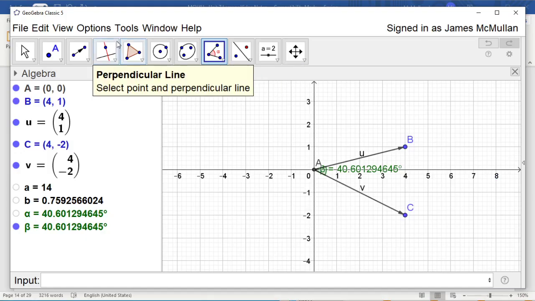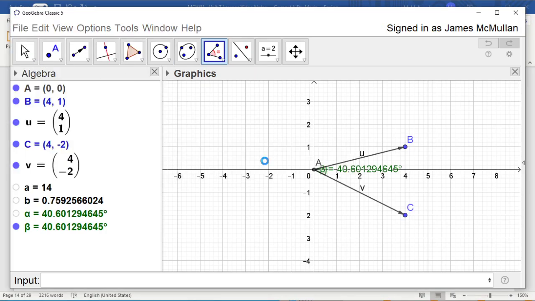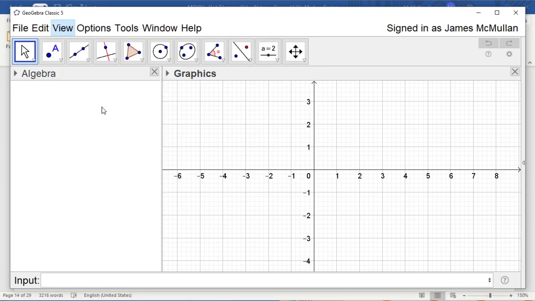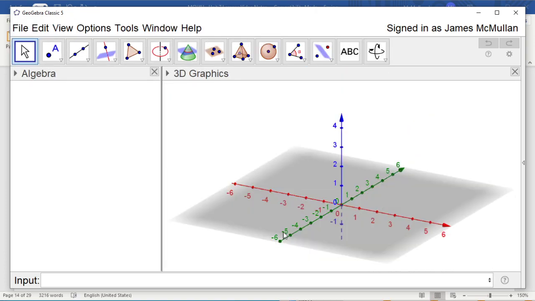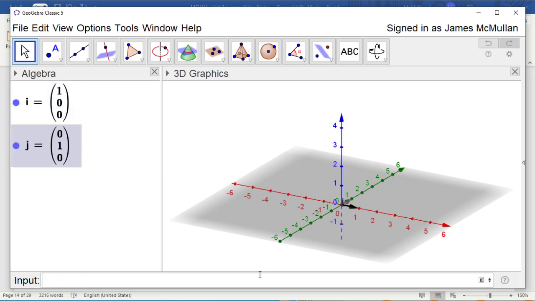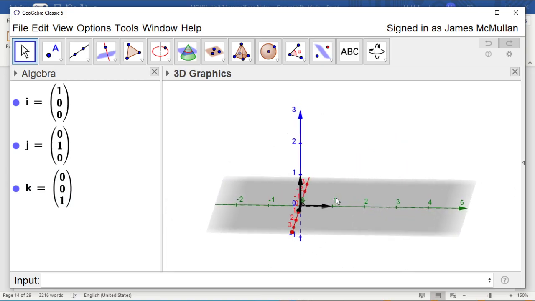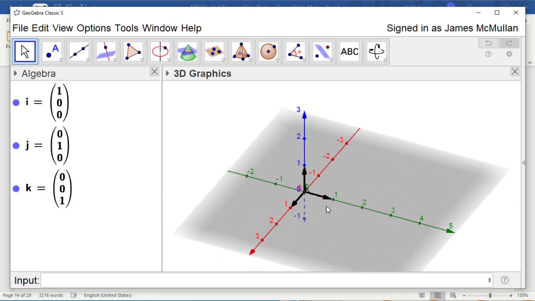Just to quickly remind us about that so we're not too lost on that topic, let's look at the 3D graphics for a minute. Let's draw vector i, which is 1, 0, 0. Then vector j, which is 0, 1, 0. And then vector k, which is 0, 0, 1. You can see that those three vectors are perpendicular to both of the other two.